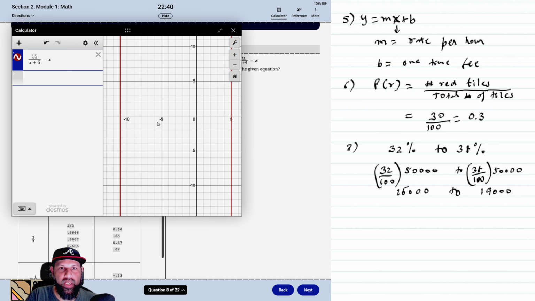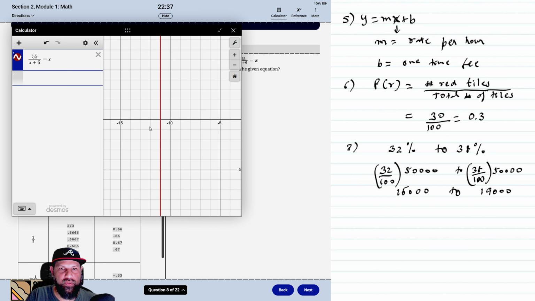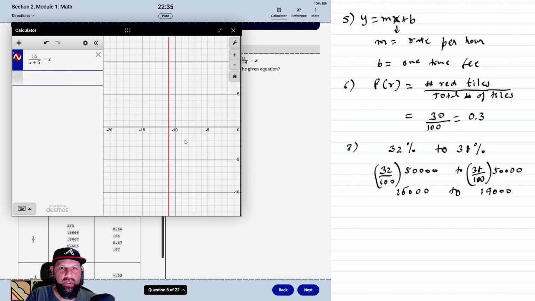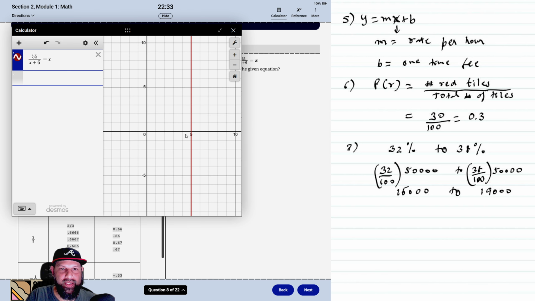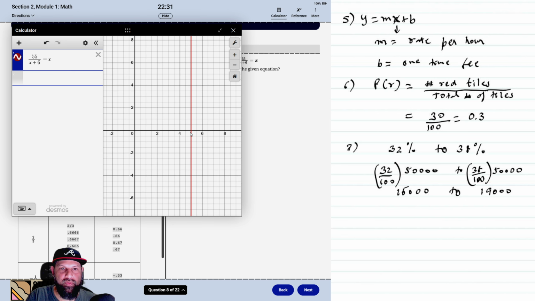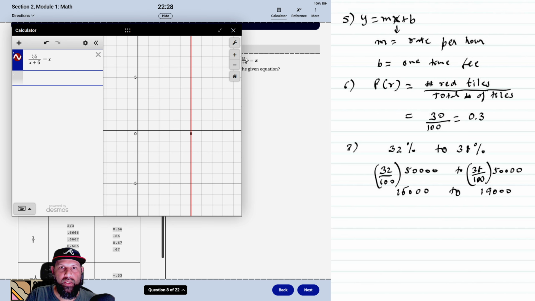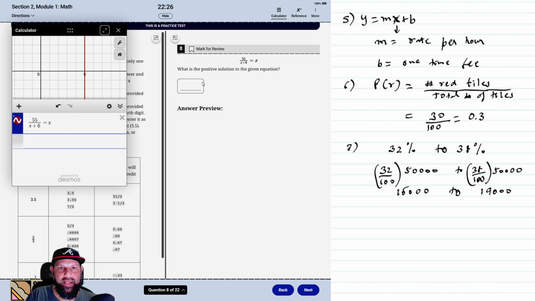If we zoom in, one of the values of x is -11, and another is 5. The problem is asking us to give the positive solution, so the positive x value that works here is 5, and you can go ahead and check whether 5 works.